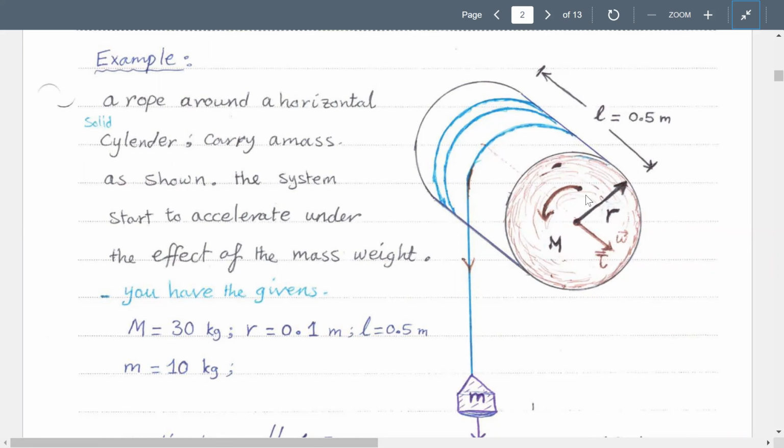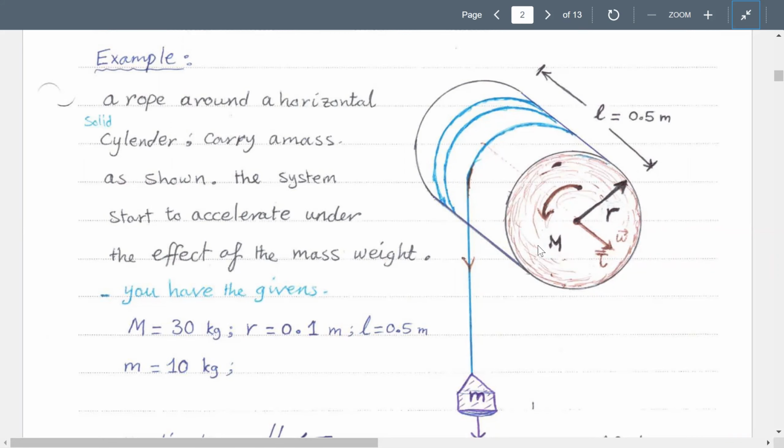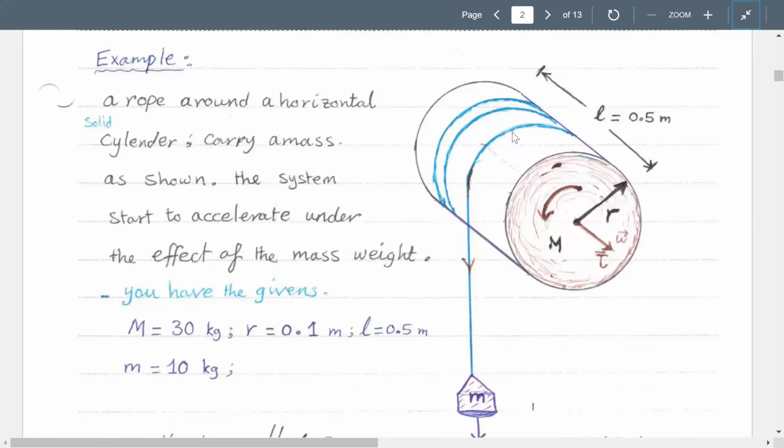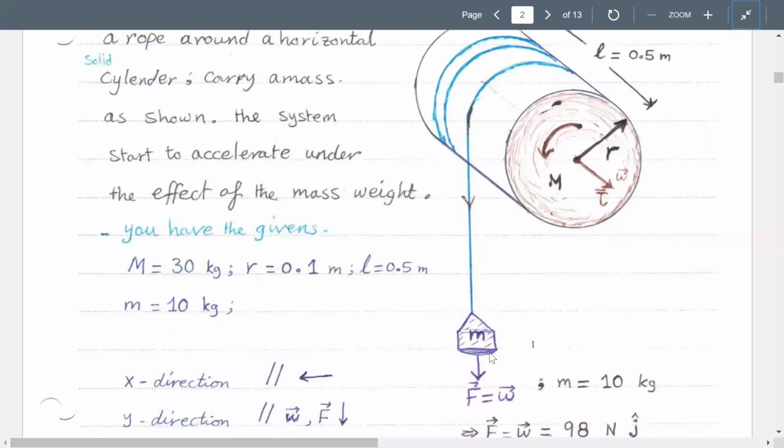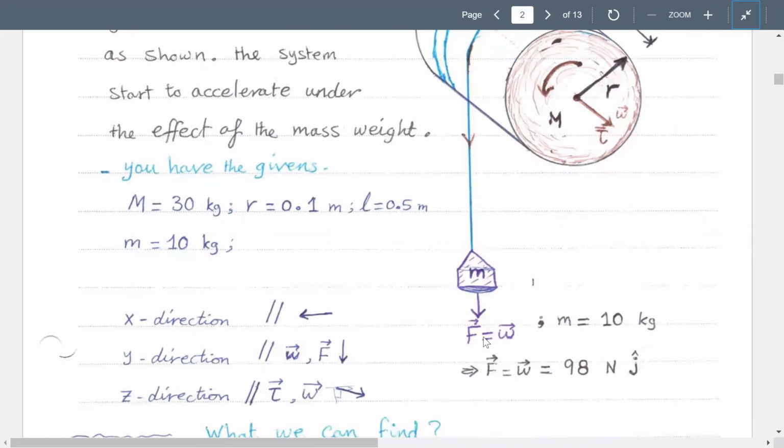There is a force acting on this cylinder. There is a rope here, and this rope is rotating with the cylinder, and its end is hanged with the mass m, and there's a weight downward. It is a force due to gravity, which is a weight.